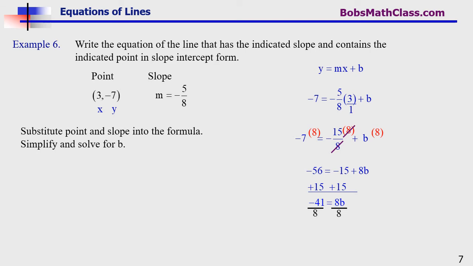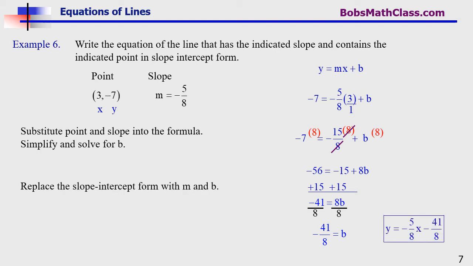Divide by 8 on both sides. So b equals negative 41 over 8. Now replace m with negative 5/8 and b with negative 41 over 8, in y equals mx plus b. So our final answer is y equals negative 5/8 x minus 41 over 8.